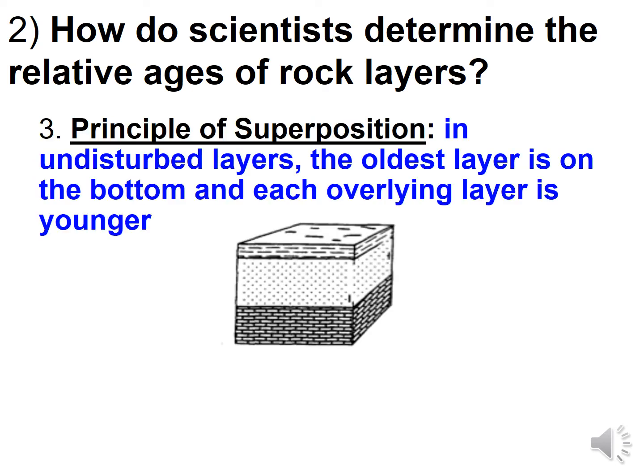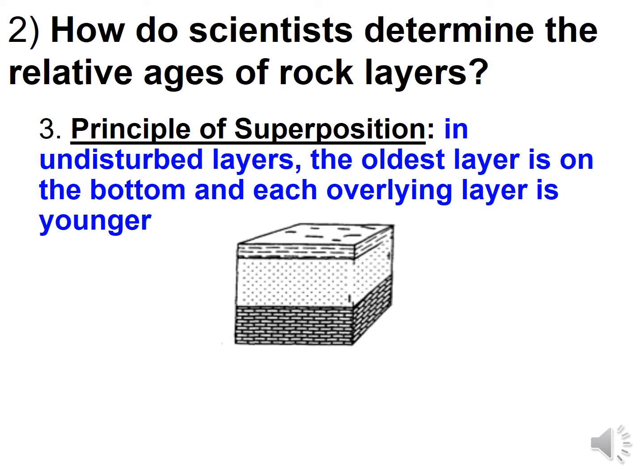Okay, the last principle that we're going to talk about is the principle of superposition. This means that in undisturbed layers, the layer on the bottom, so this layer here, is older than the layer on top, which would be younger. Think about stacking books on top of each other.